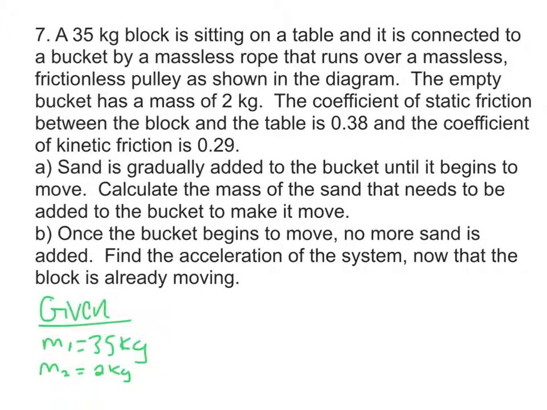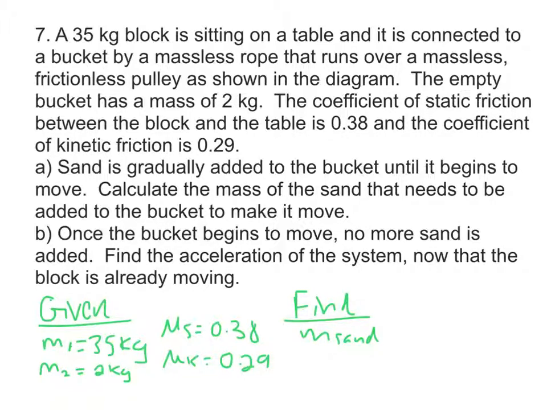The coefficient of static friction is 0.38 and the coefficient of kinetic friction is 0.29. In part A, we are looking for the added mass, so this is the mass of the sand. And in part B, we're looking for acceleration. So this is a modified Atwood's machine.